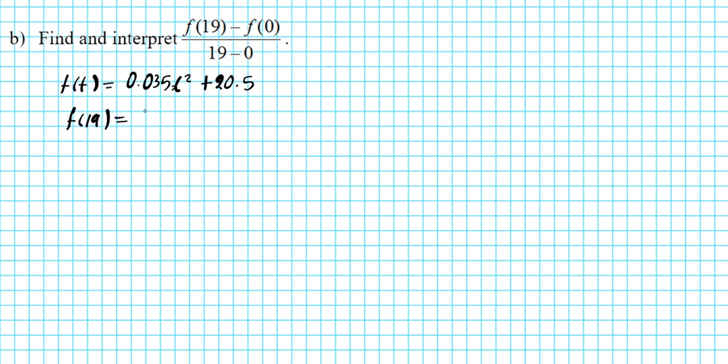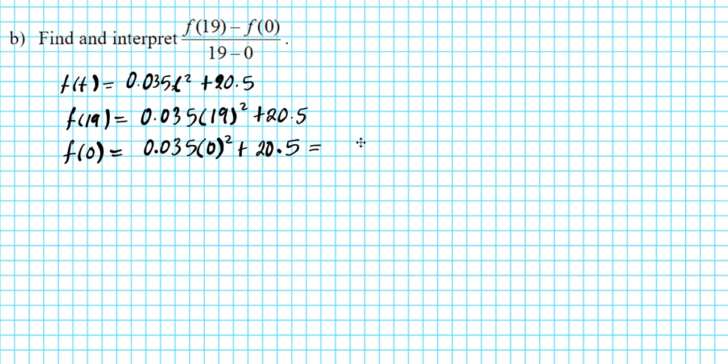It means we're simply going to plug in 19 for t in our function. And then for f of 0, we'll do the same thing. We'll plug in 0 for t in our quadratic function. This one is easy to compute by hand. This is simply 0 plus 20.5, which is equal to 20.5.